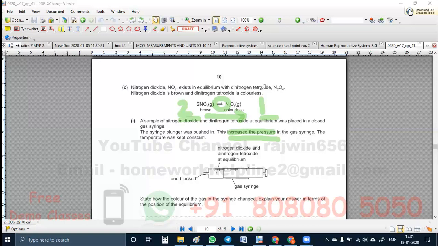So that's going to shift the equilibrium towards right. So I'm going to get more amount of N2O4, which is colorless. The reddish brown color which is there of NO2, the concentration of NO2, nitrogen dioxide, is going to decrease. So the brownish color is going to become paler. It means the darkness of the mixture of gases is going to decrease.